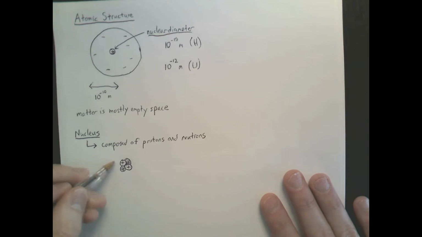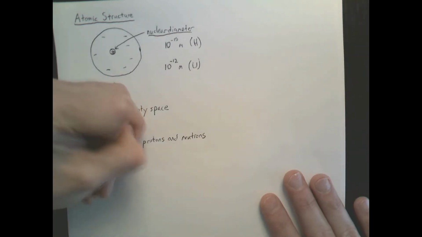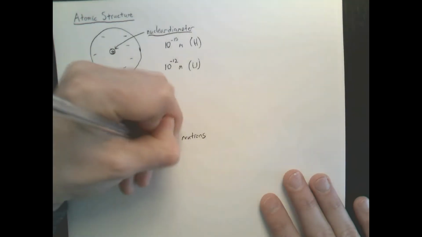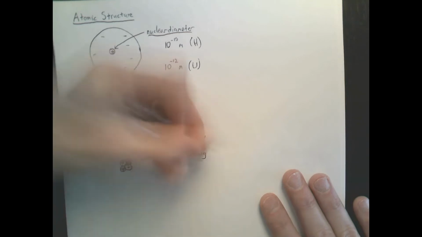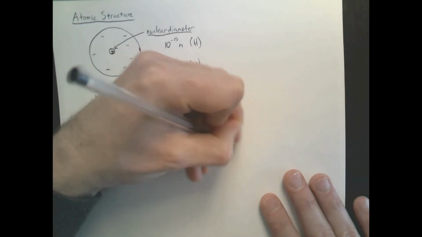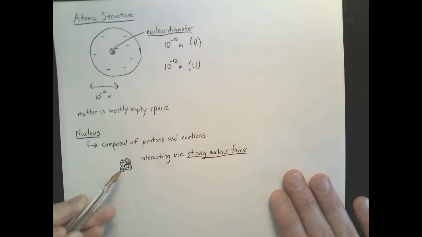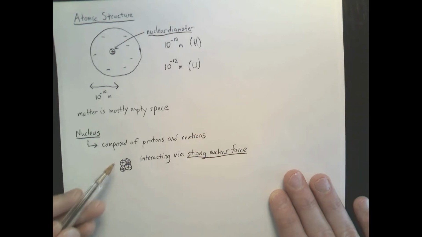We know that 2 positive charges, when they get next to each other, they want to repel. And so the reason that they're able to stay together in this tiny little packet is that all 4 of these particles here are interacting with what's known as the strong nuclear force. So despite the 2 protons wanting to repel from each other, they interact with an even more powerful force that binds them together with the strong nuclear force.